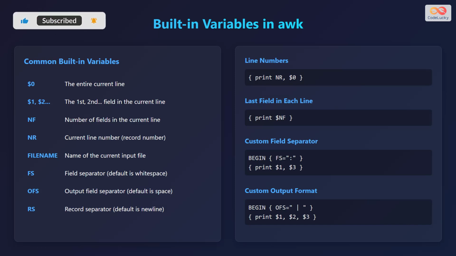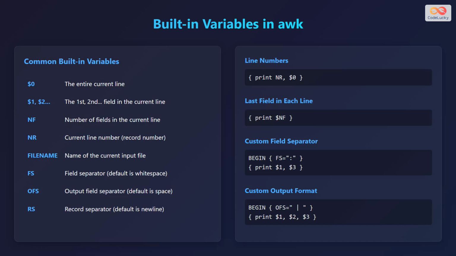NR represents the current line number, also known as the record number. FILENAME is the name of the current input file. FS is the field separator, defaulting to white space. OFS is the output field separator, defaulting to a space. And finally, RS is the record separator, defaulting to a new line.